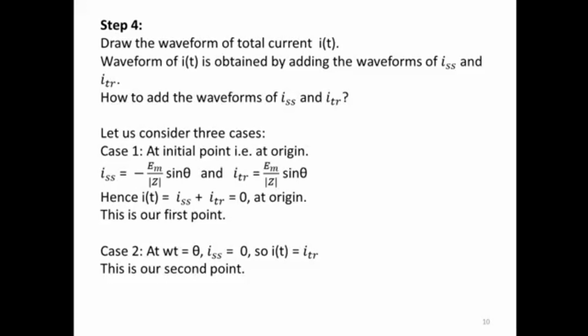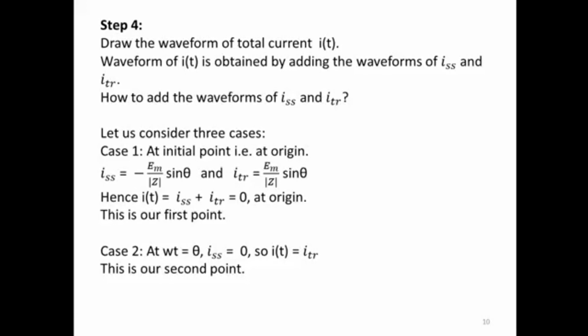It means that the value of total current will be 0 at origin. This will be our first point, and this is always the case, that at the initial point the total current will always be 0.